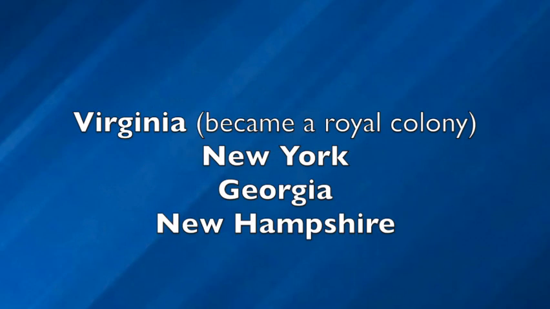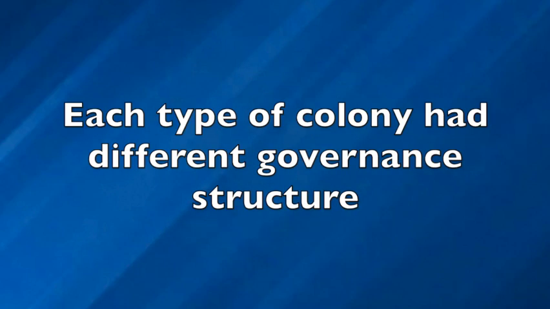Some examples of royal colonies were the Virginia colony, which actually became a royal colony in 1624, New York, Georgia, and New Hampshire. Each type of colony had a different degree of autonomy and governance structures, which influenced their development, politics, and relationships with the English crown.